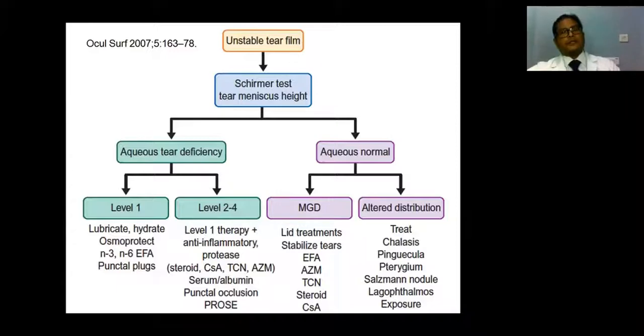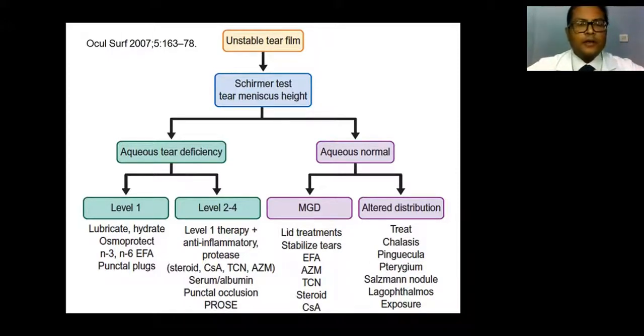So if there is a level 1 aqueous tear deficiency, one needs to use lubricating drops, hydrate, or use osmoprotectives such as omega-3 or 6 essential fatty acids, or use punctal plugs. Or if it is a more severe variant of aqueous tear deficiency, then use anti-inflammatory agents or a protease inhibitor and some adjuvant drugs such as steroids, cyclosporin, tetracycline, or serum albumin.